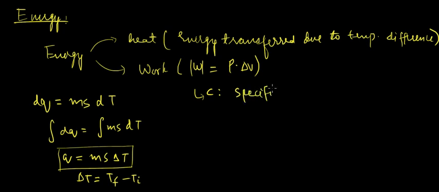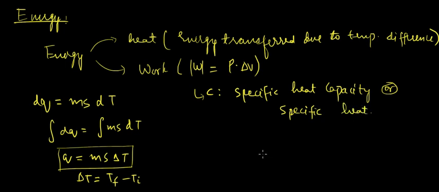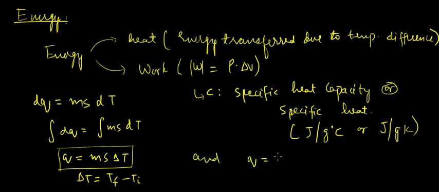So the units can be joule per gram degree Celsius or joule per gram Kelvin. Okay, and we can write q as c delta t.